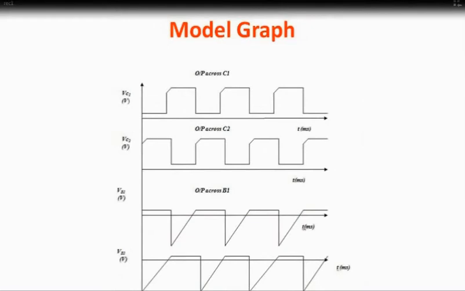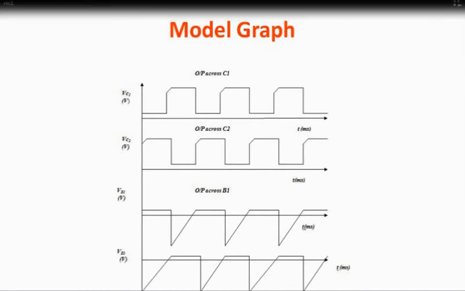This is a model graph. VC1 and VC2 are the collector voltages of Q1 and Q2. We can take the output from either Q1 or Q2, and VB1 and VB2 are the base biasing voltages. This biasing voltage is supplied by the capacitor while charging and discharging.